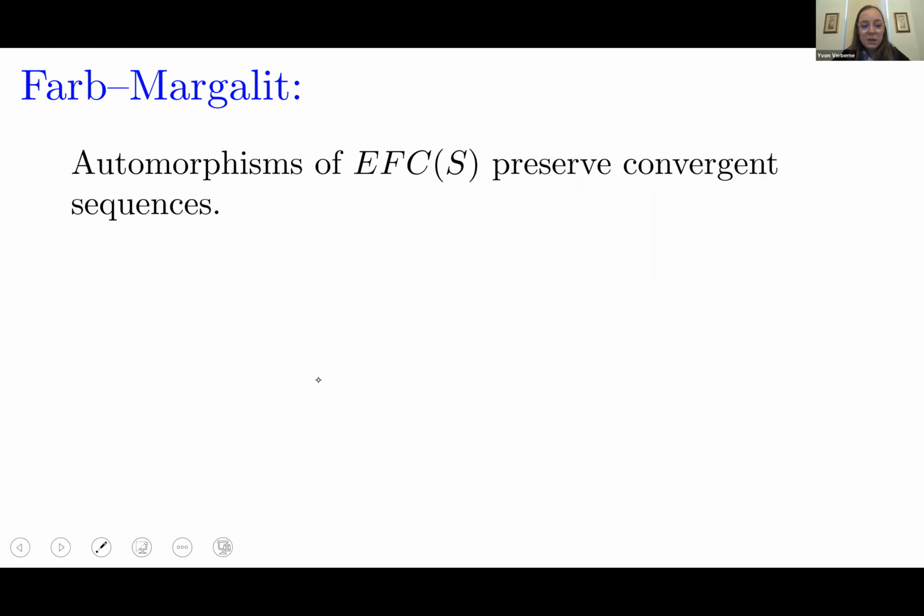They were able to show that automorphisms of the extended fine curve graph preserve convergent sequences. In particular, they were able to show this by showing a correspondence between the topology of the surface and the graph theoretical information that you can find in the extended fine curve graph.